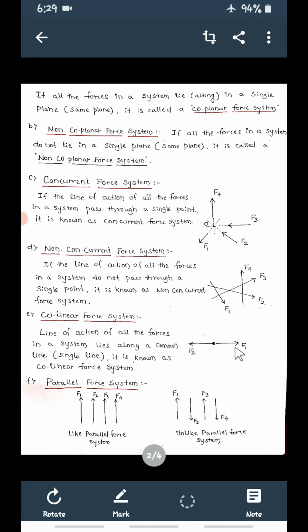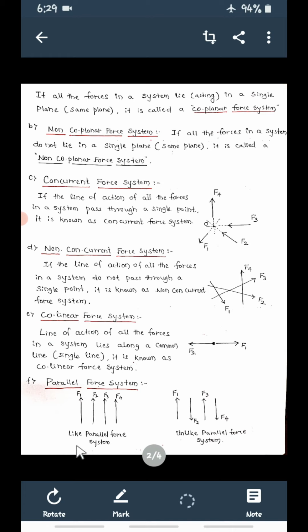So the lines of action of the forces lie along the same line, and then that system is called a collinear force system.